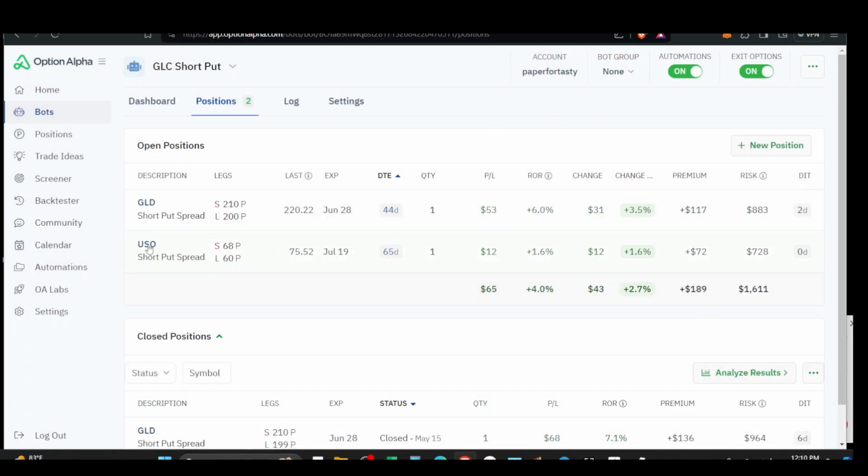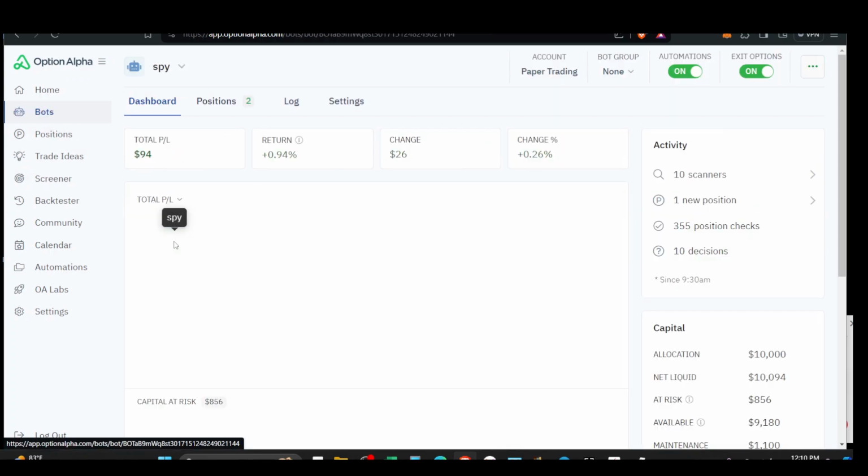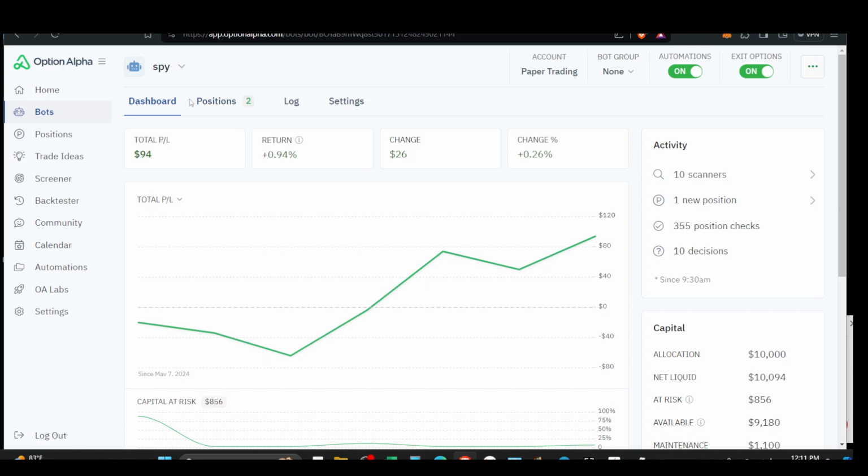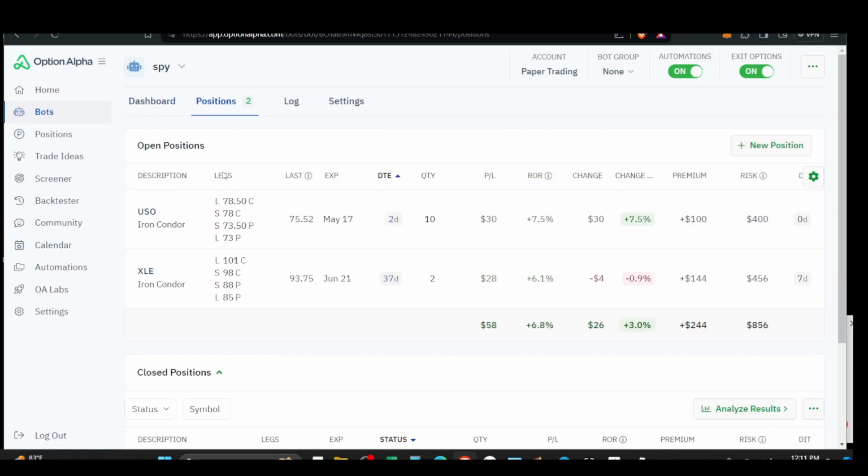So in the other bot, let me see this one, SPY. So I call it SPY. So I have here two positions. I have USO and XLE, and these are Iron Condor. So basically I should change this one to Iron Condor, instead of SPY. So I'm going to be adding more positions, of course.